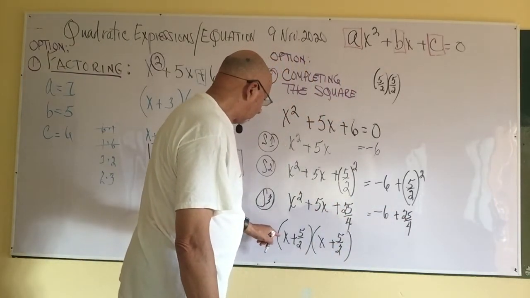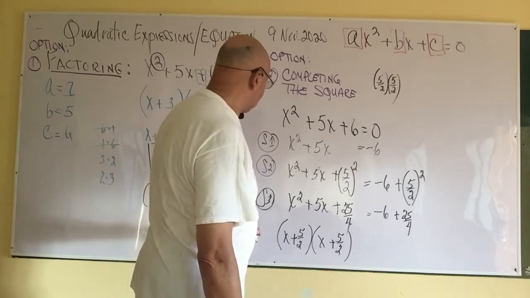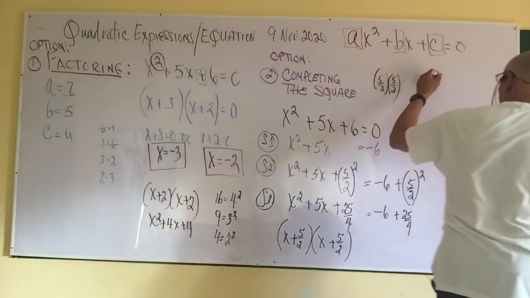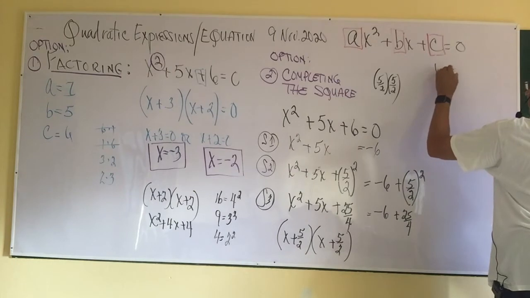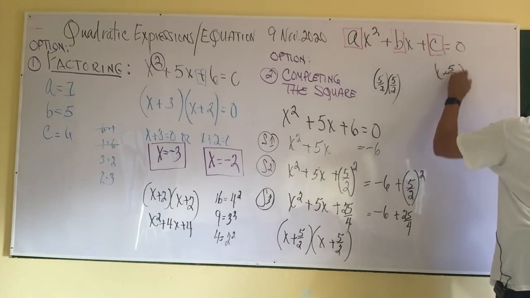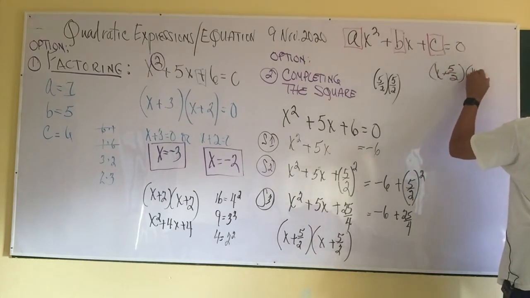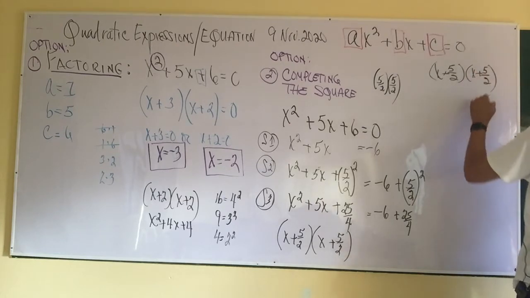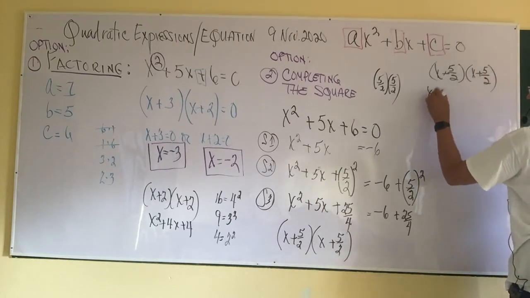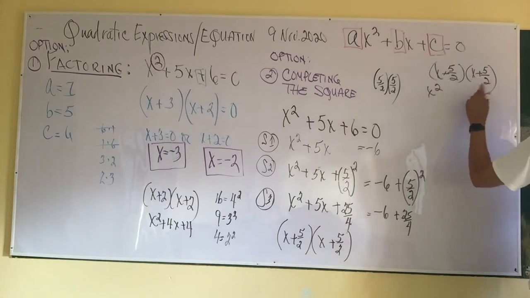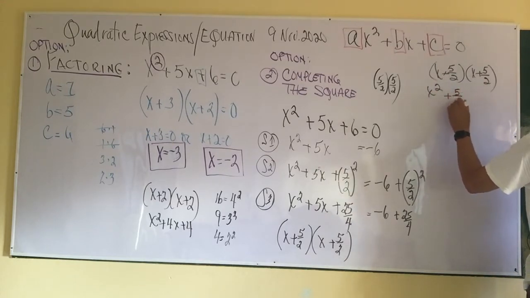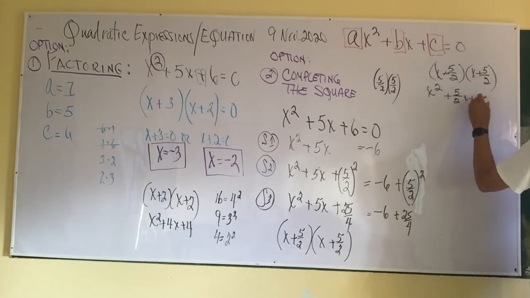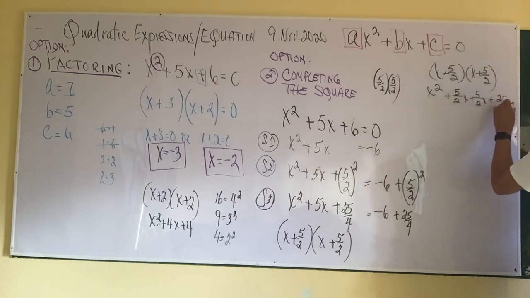Here I just want you to see this, so I'll do it right here, then we'll erase it. x plus 5 over 2 times x plus 5 over 2. So x times x is x squared. x times 5 over 2 is 5 over 2x. 5 over 2 times this x will be another 5 over 2 times x. And this times this is 25 over 4.